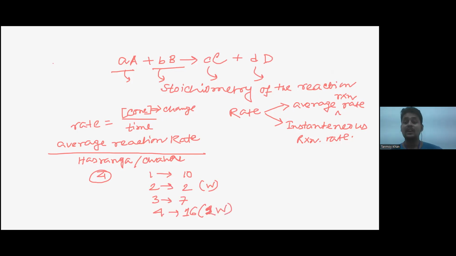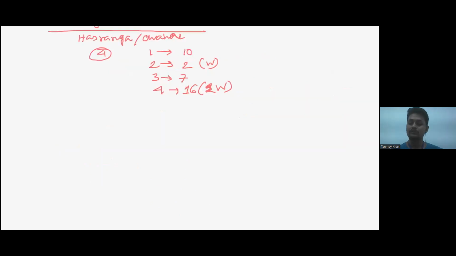So how many runs did Chahal concede on average? If you want to calculate, it is very simple. You will just take the total runs he conceded, which, just for the sake of it, say is 36. And how many overs?